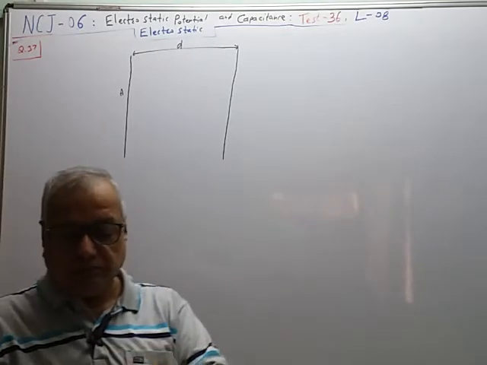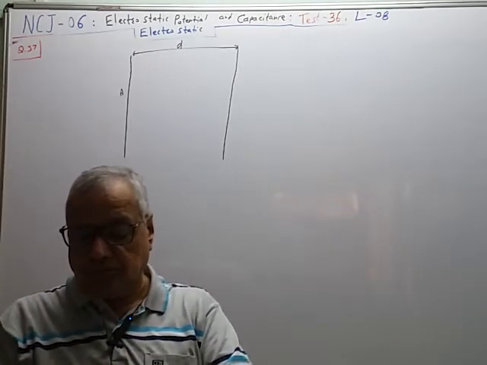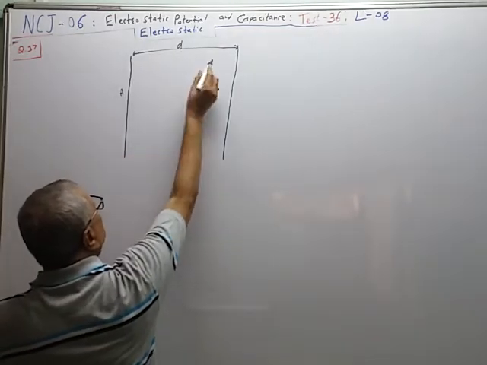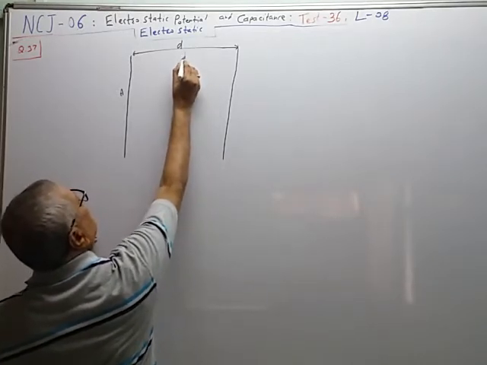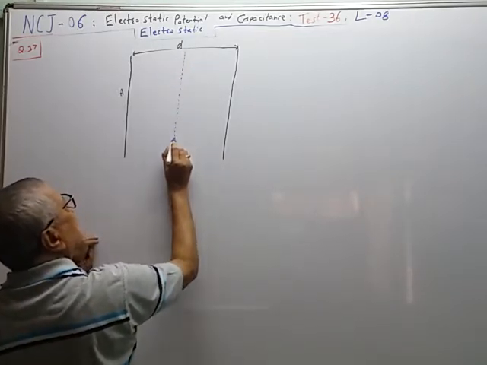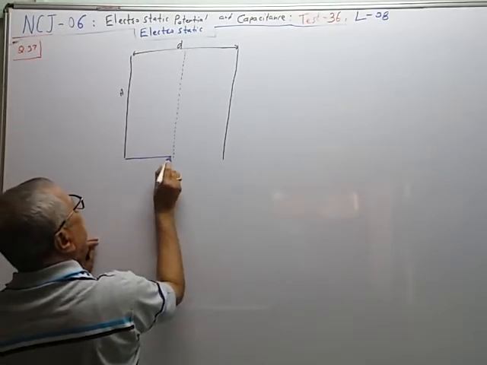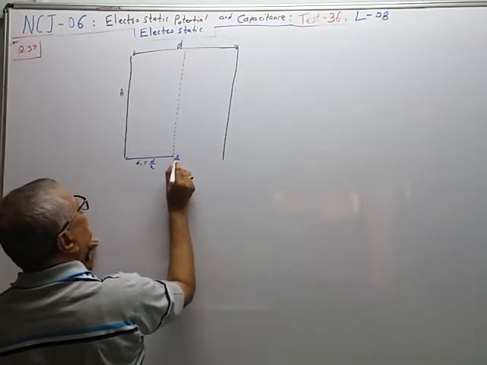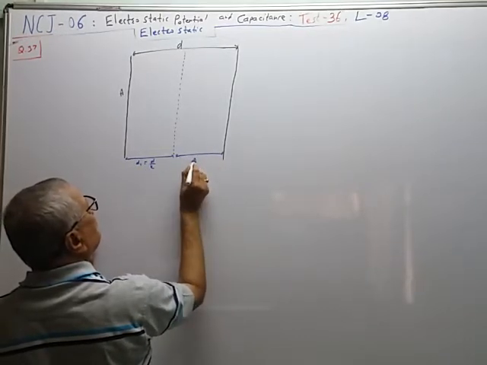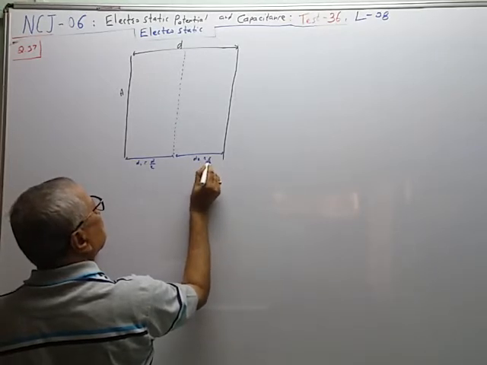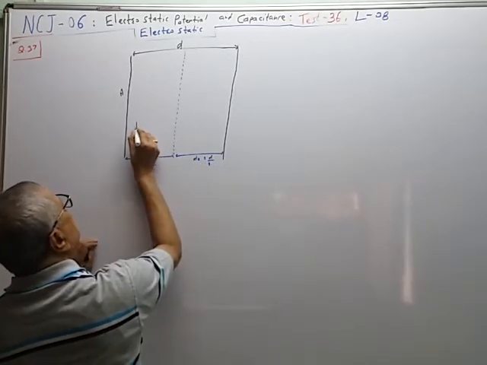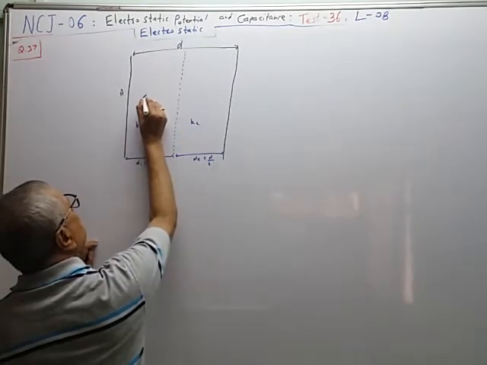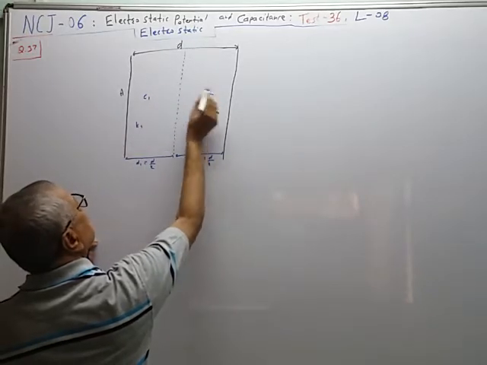Now, the space between the two plates is filled with two different media. This is thickness D1, which is equal to half of D. Thickness D2 is also half of D. This dielectric constant is K1, this dielectric constant is K2, this capacity is C1, this capacity is C2.